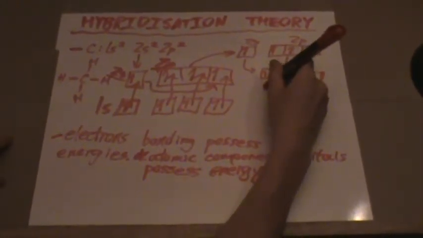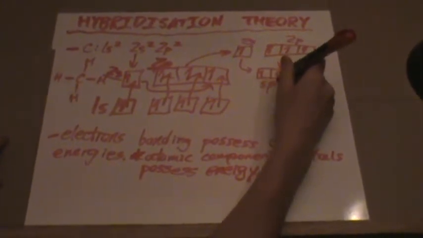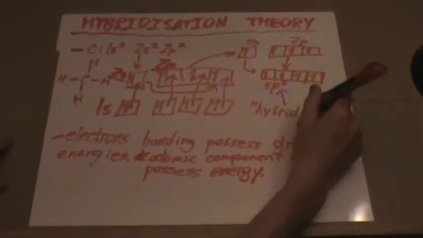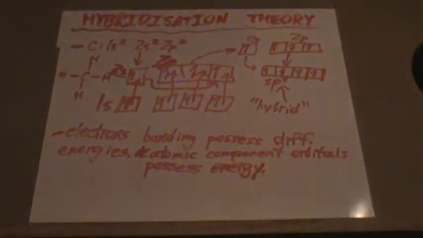The reason why we call this a hybrid orbital, a combination of the orbitals, sp3, is because it is a combination of an s orbital and three 2p orbitals.